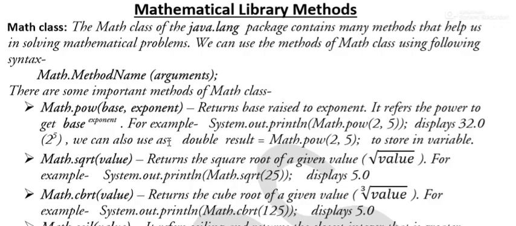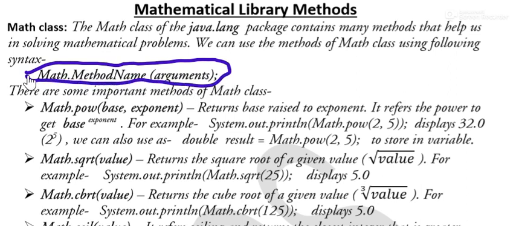To use Math class functions in our program, we follow the syntax Math dot method name and, under brackets, arguments. That means first we write the name of the class, after that the name of the method, and then, under brackets, the parameters.